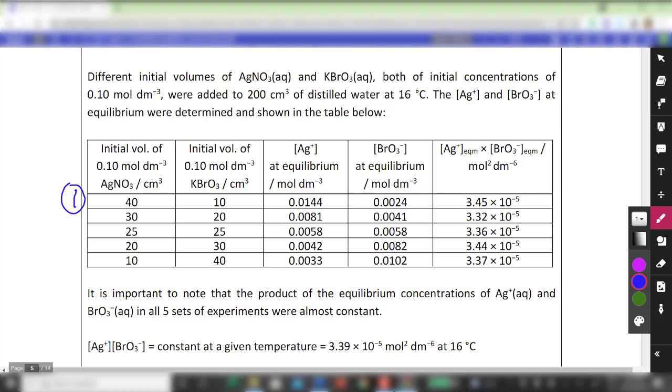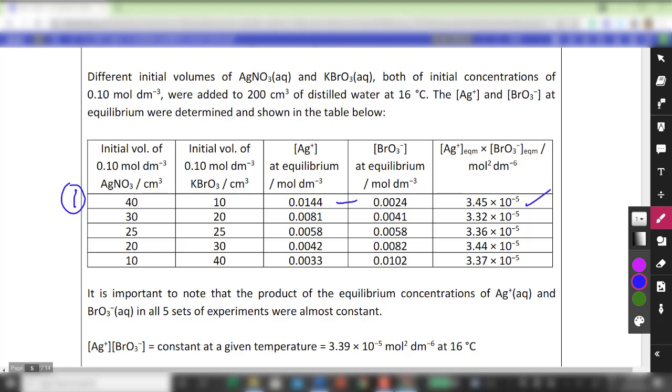Remember that these are concentrations of the respective ions dissolved in the solution, which means the rest of the silver bromate has already precipitated out. What the scientists did was multiply these two together, because when you multiply them together, technically you are defining Ksp. The scientists got this value, 3.45 times 10 to the power minus 5.